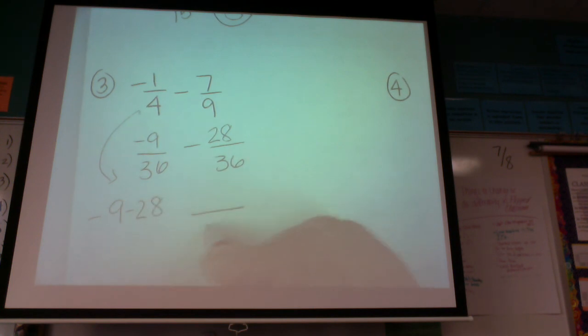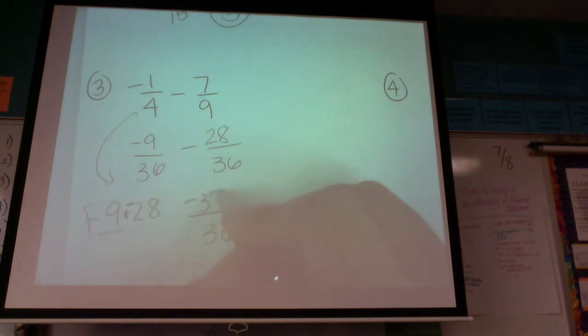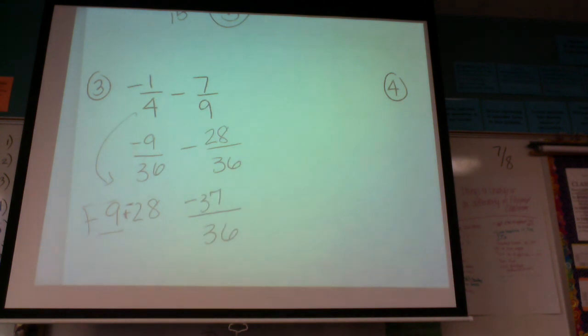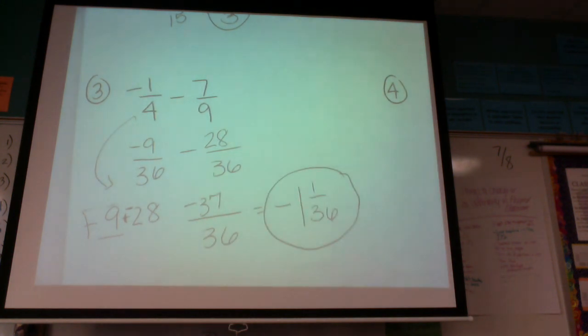And that's all going to be over 36. Well, if I keep my first, change the sign, change the number. So that's negative 9 plus negative 28. So I'm going to end up adding those together to get negative 37. All right, now I can simplify. 36 can go into 37 one whole time, and it's negative, remember, with 1 left over. So there is my answer.